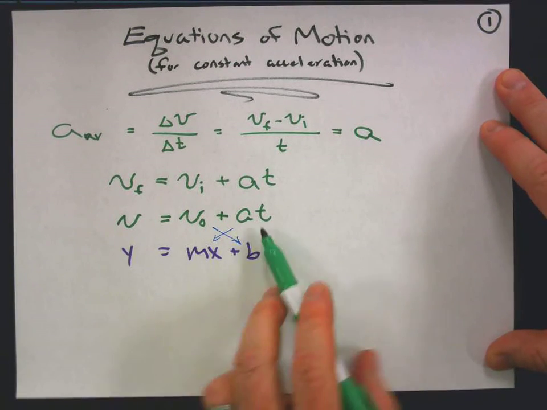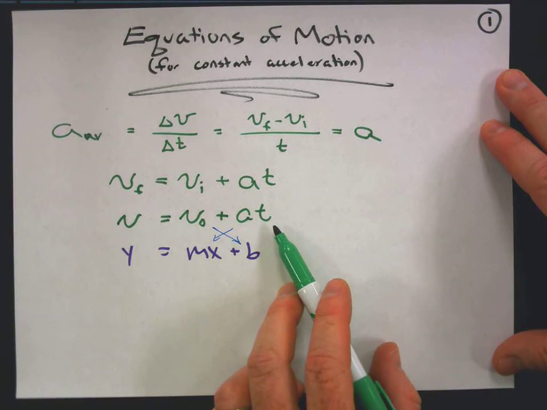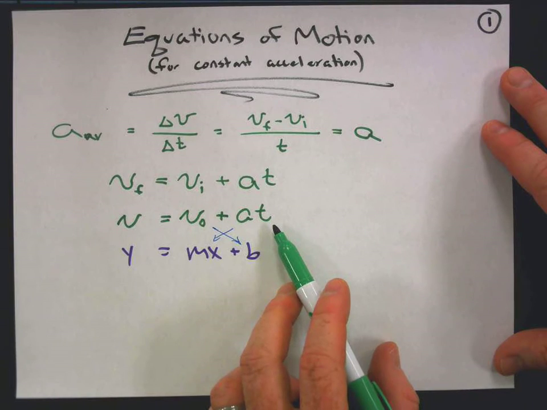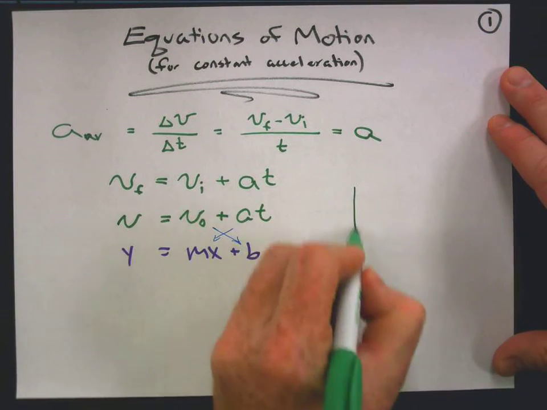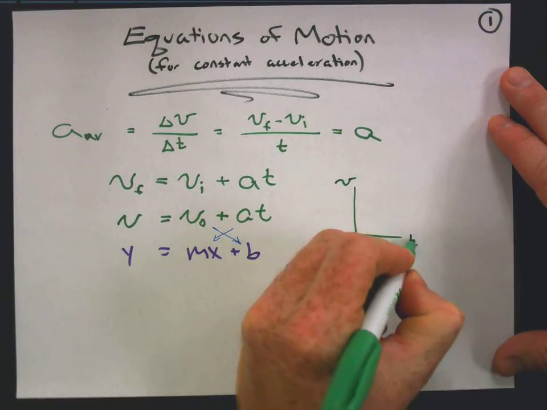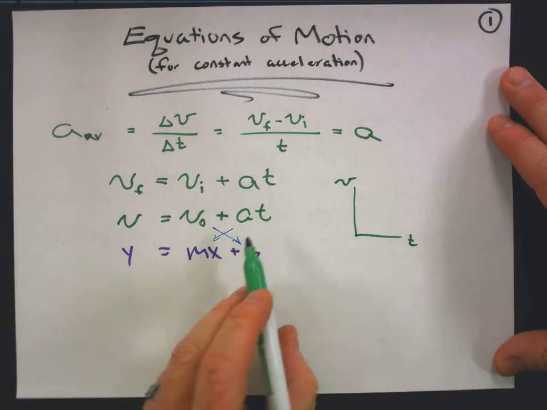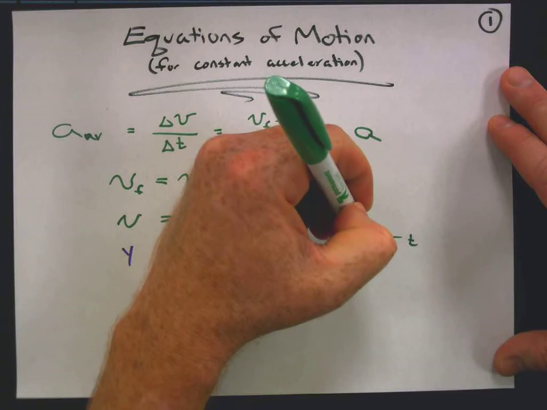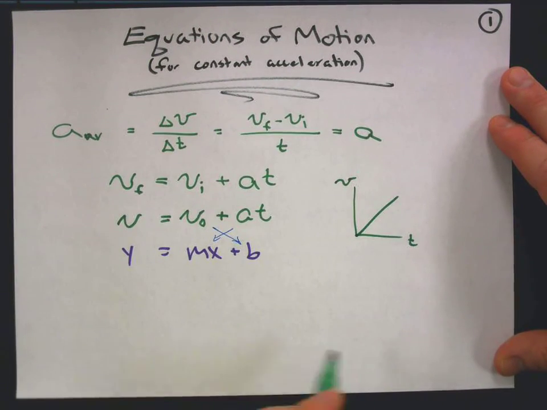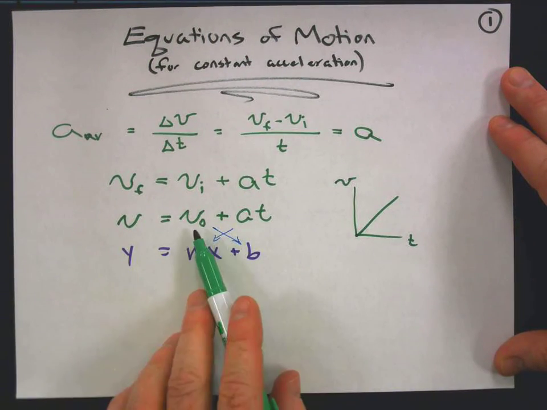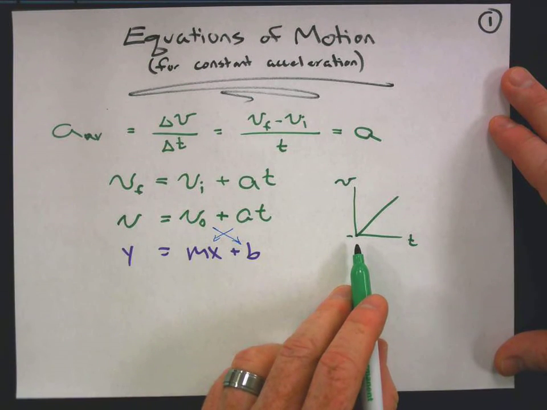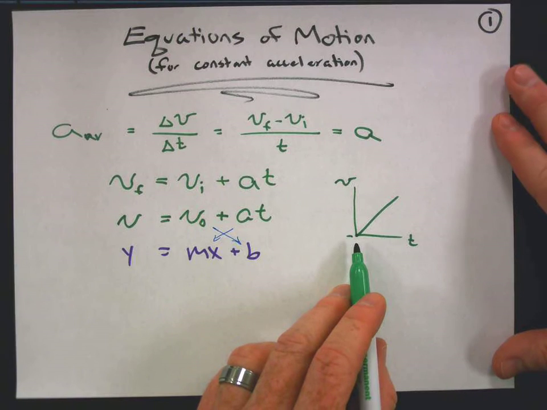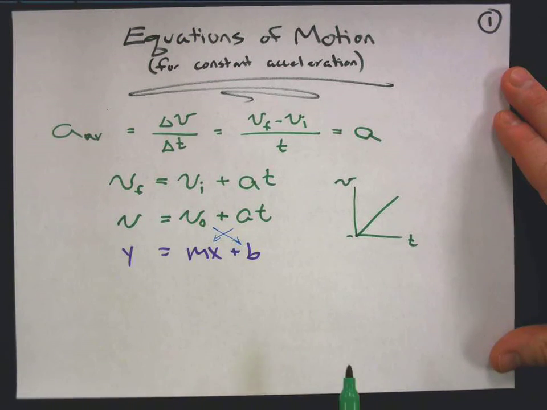When you view this equation as a line on a graph, then the graph you're looking at essentially is a velocity time graph, and its slope is the rate of acceleration, and the initial velocity, whatever that is, is your y-intercept on that graph. And so we already have the very first equation of motion.